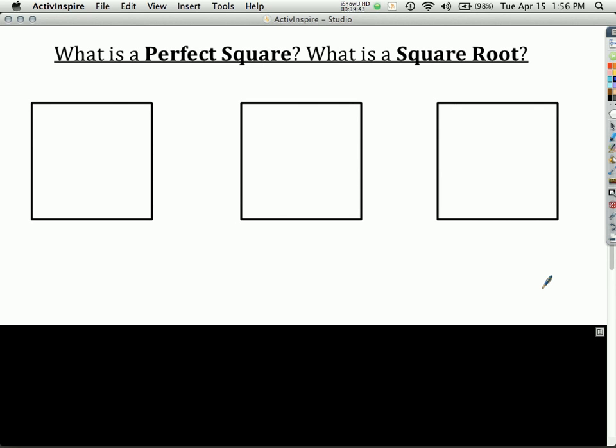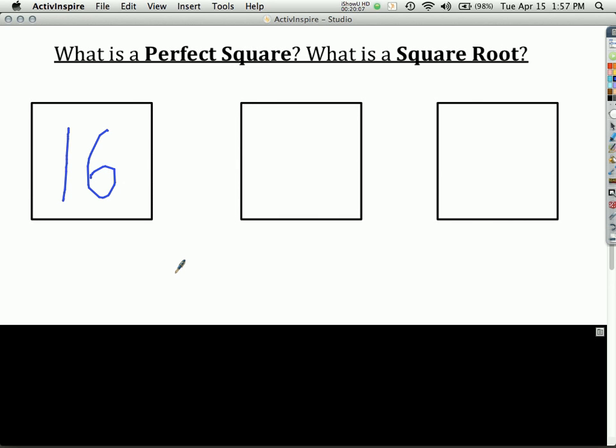So could I have a volunteer give me an example of a perfect square? Give me a perfect square. We've got a lot of people who know. Excellent. 16. Great example. So if everyone will write a 16 inside your first square. Now someone explain why 16 is called a perfect square. Why is it called a perfect square?